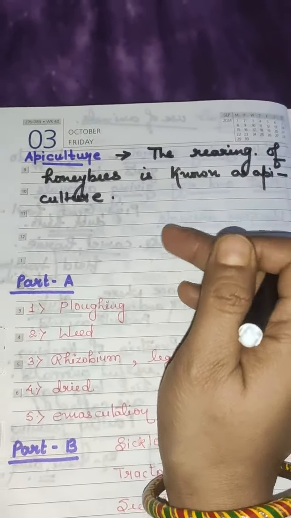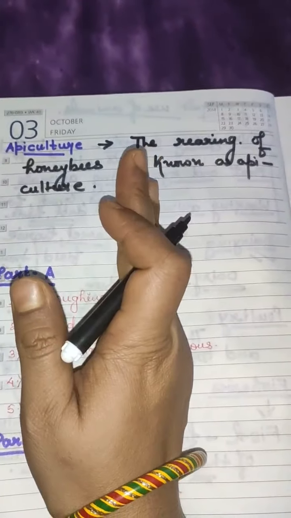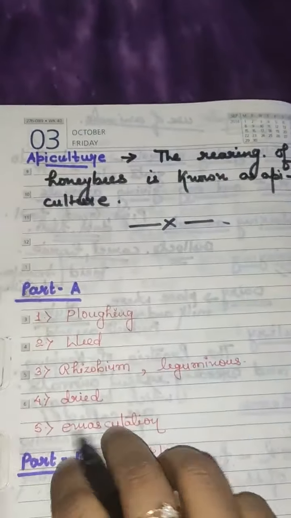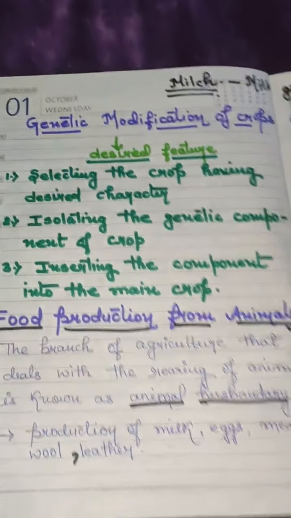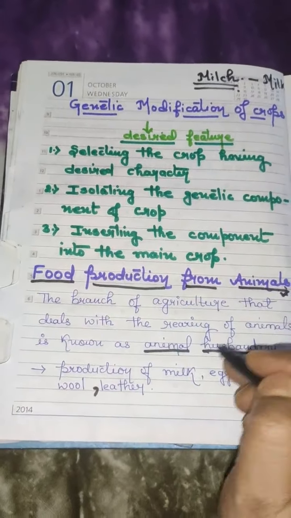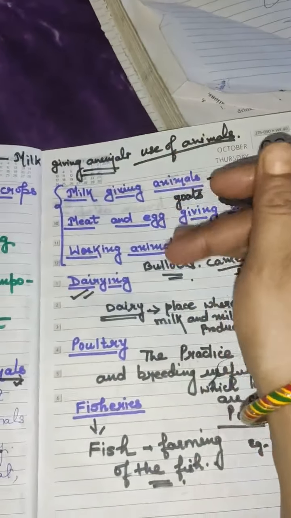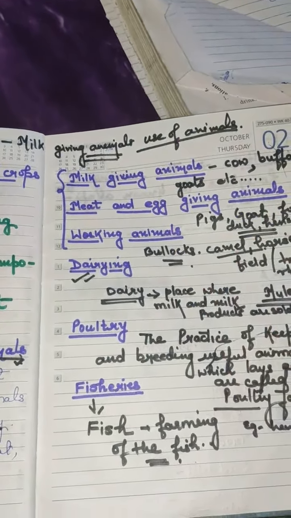Done? So here the discussion is almost over. These are the extra notes that I have given you. First one, the animals, that is animal husbandry. Then the categories of the animals depending upon our use.